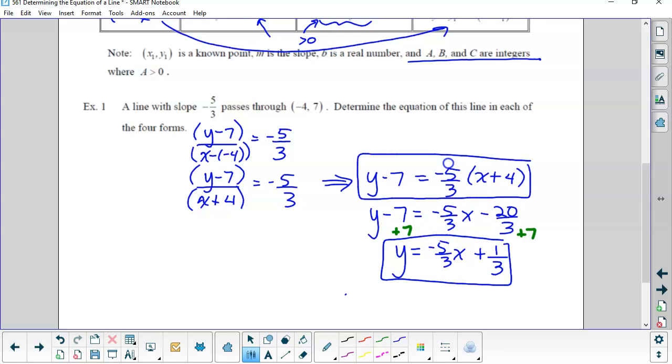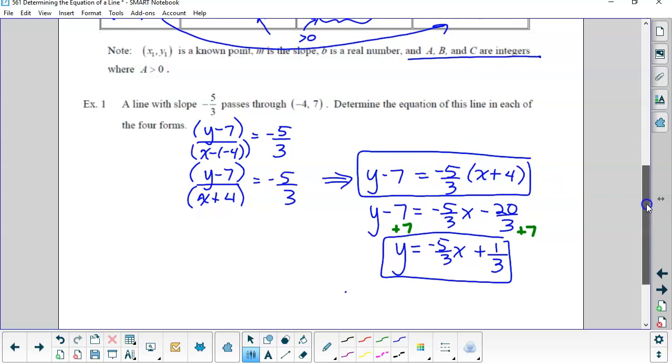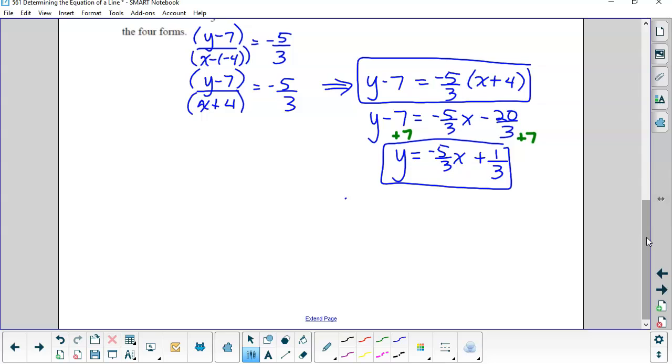And then your general form, again, you decide which form you want to go from. You want to expand it out. You need x's and y's together. So from here, sometimes what I do is from the slope y-intercept form, okay, so I'm going to bring everything to one side. So I'm going to add 5/3 x, so that'll be 5/3 x.